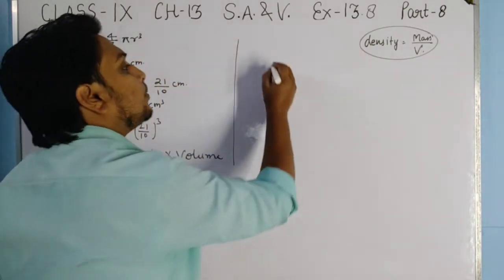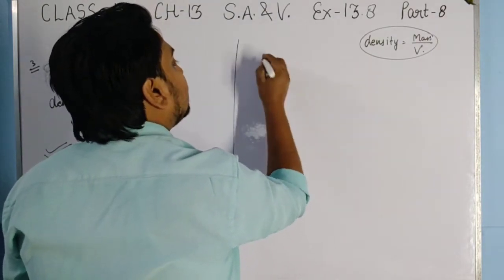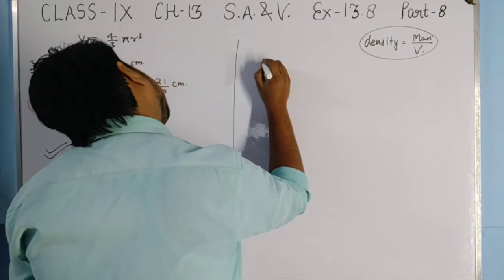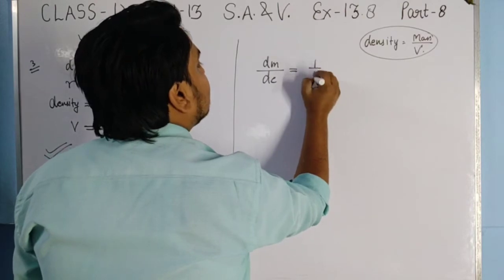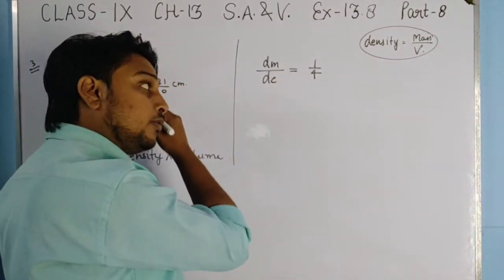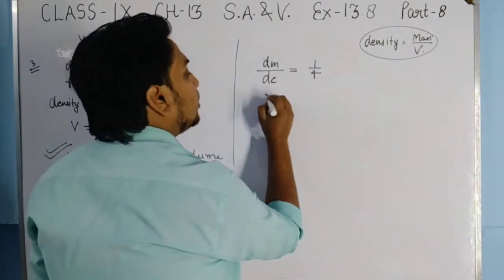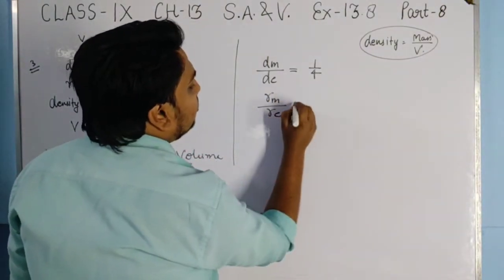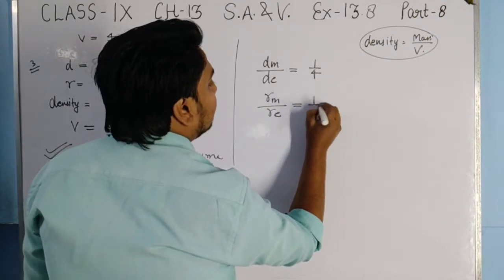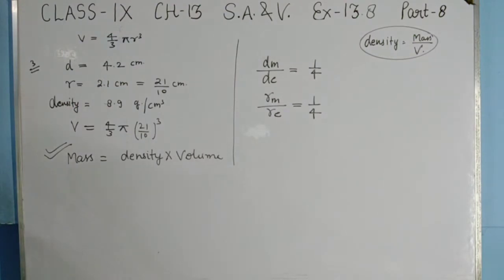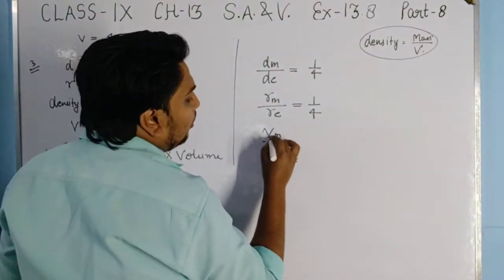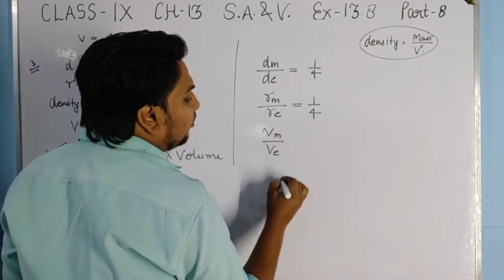The ratio of the diameters is 1/4, so the ratio of the radius of moon to the radius of earth will also be 1/4. But here you have to find the ratio of Vm to Ve.